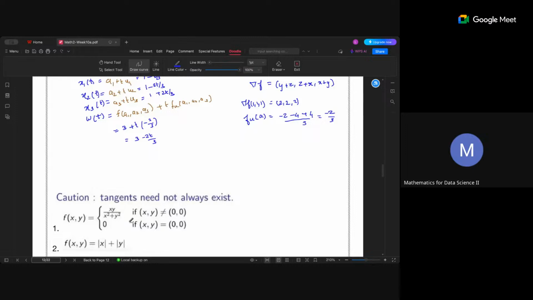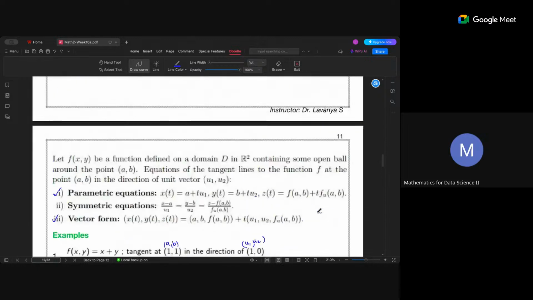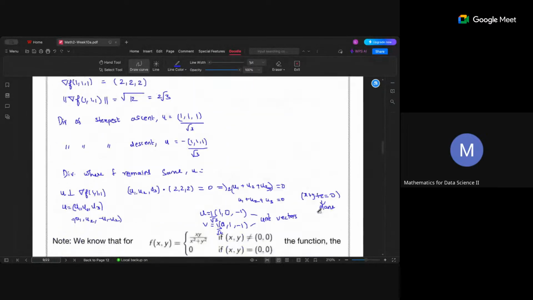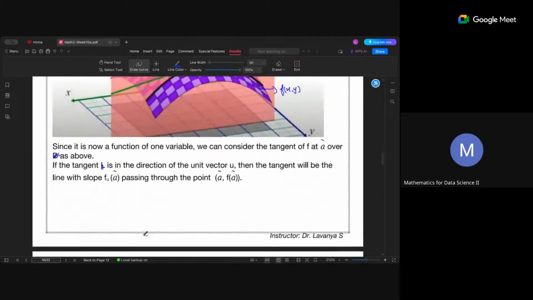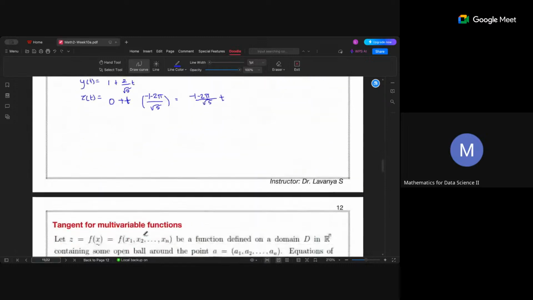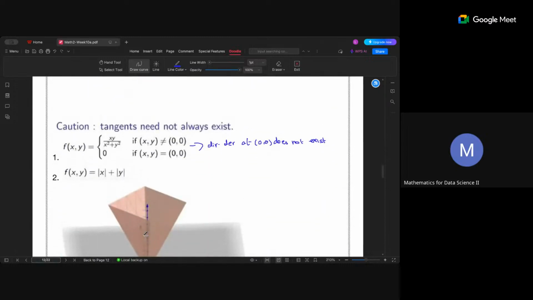So this example we already have seen, that the directional derivative at 0 comma 0 does not exist. We have seen the same example before also. I have given the same in a note. Do you remember? I guess it was somewhere here I mentioned that for this function the directional derivative at 0 comma 0 does not exist. So since it does not exist, the tangents also will not exist at 0 comma 0.